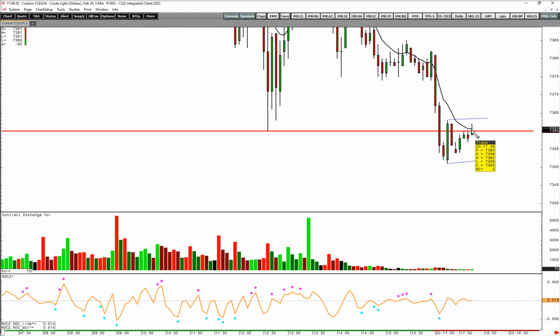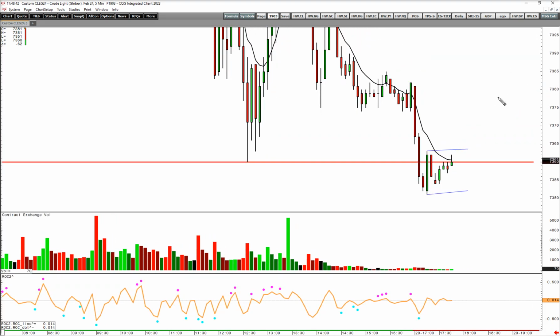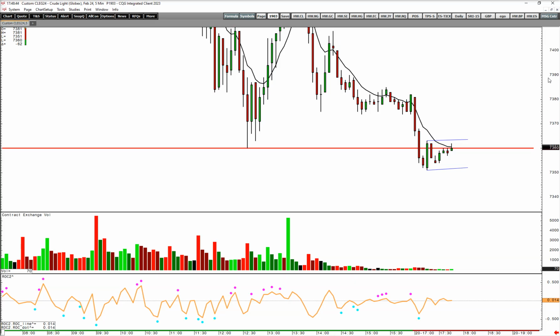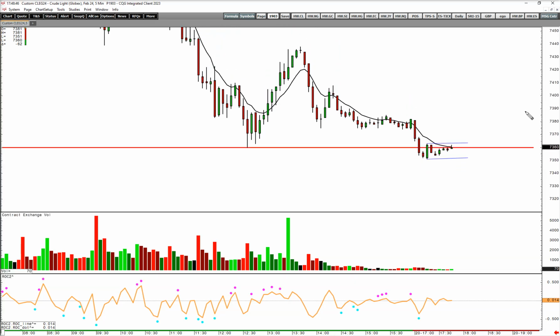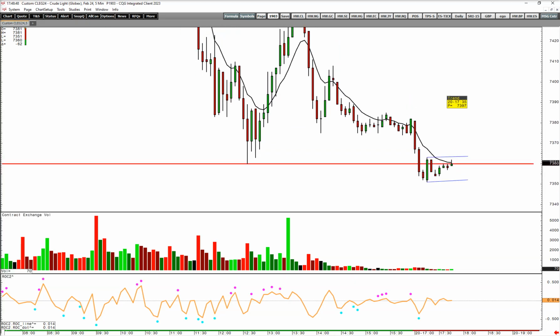And I'm not sure when it's going to trigger, if it's going to want to trigger in Europe, or if it would even wait for the US. But that's just something we're monitoring for a 4X trade.